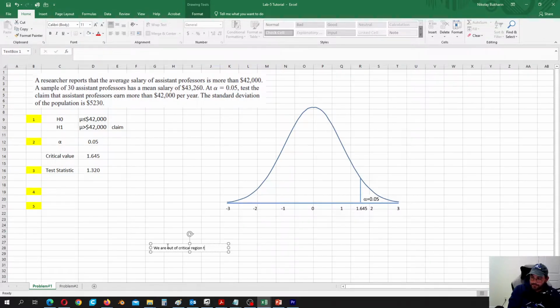That is why we do not reject H0, which is 42,000, so it's less than or equal to 42,000, or equal to 42,000. That's a conservative configuration.